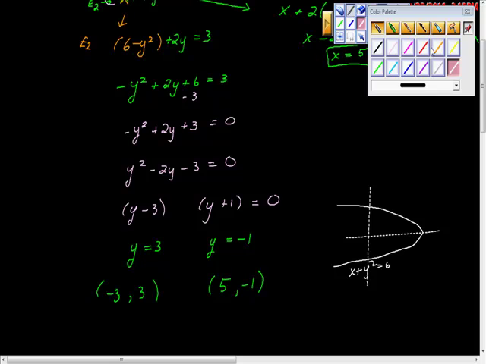And then this part of the equation did this, and this is the part that is x plus 2y equals 3. And we're going to say that they intersect here at the point 5, negative 1, and at the point here, negative 3, 3. So those are our solutions.